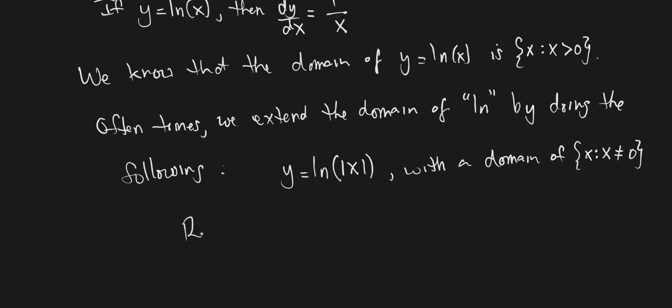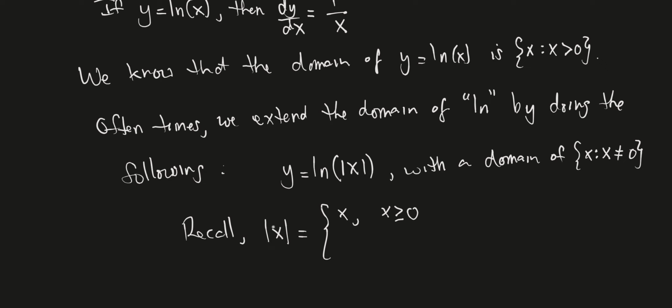So recall, the absolute value of x is defined by this. It's a piecewise function. If your x is greater than or equal to 0, then the absolute value doesn't change your x. That's why, for instance, if you take the absolute value of 5, you get back 5. If you take the absolute value of 0, you get back 0, right?